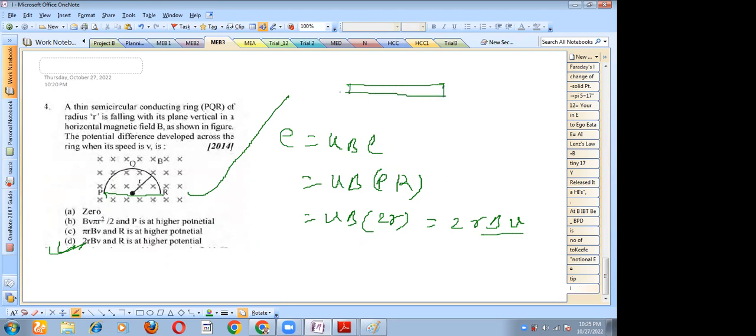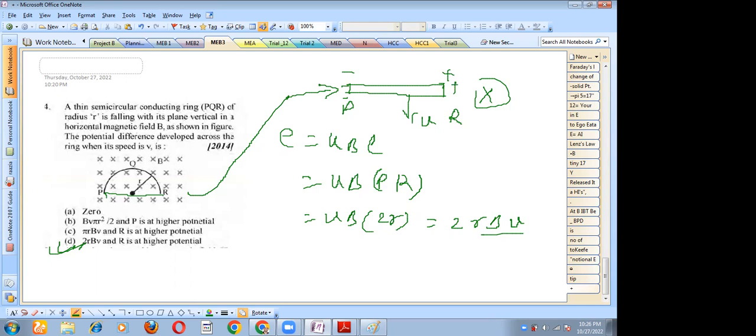Forget the semicircular wire, and consider it as a straight rod PR moving through a magnetic field with its velocity. Now apply the same concept, V cross B, to see which end is positive and which is negative. Understood? Yes, sir. So R will be at higher potential.